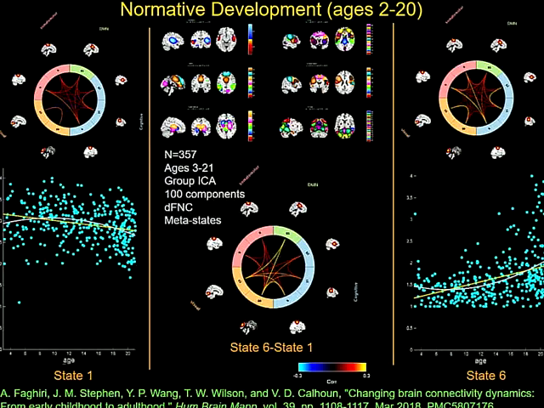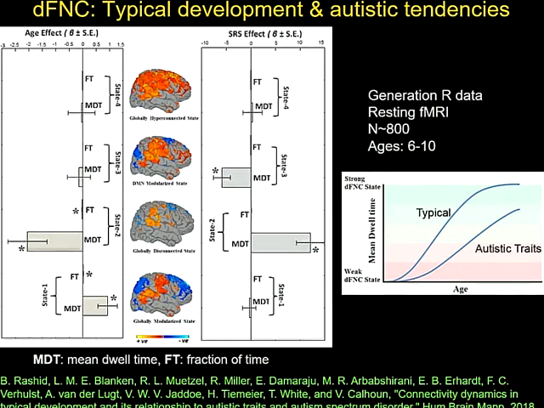This is consistent with an analysis here at a much narrower age range between 6 and 10. This is from the Generation R data set, and we found for age a strong relationship, going from this more weakly connected state to this more strongly connected state. The younger folks were here, the older folks were here.